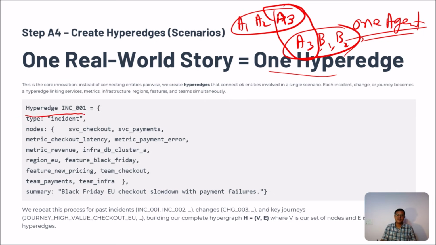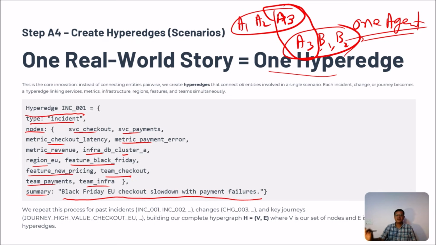So now let us see what a story looks like. Hyperedge incident INC001, type incident. Nodes are like service checkout, payment, metric checkout latency, metric payment error, metric revenue, infra DB cluster A, region EU, feature Black Friday, feature new pricing, team checkout, team payments, team infra, and the summary is Black Friday EU checkout slowdown with payment failures.